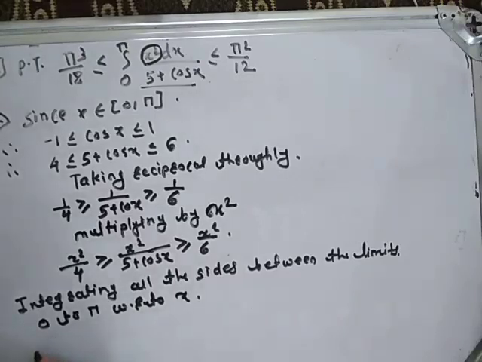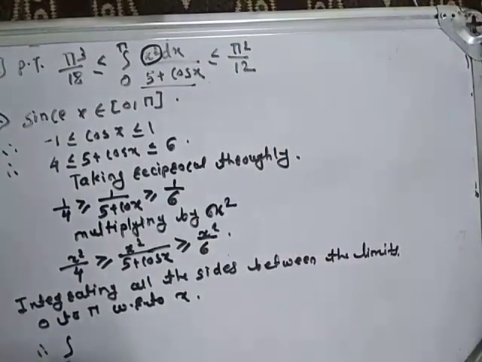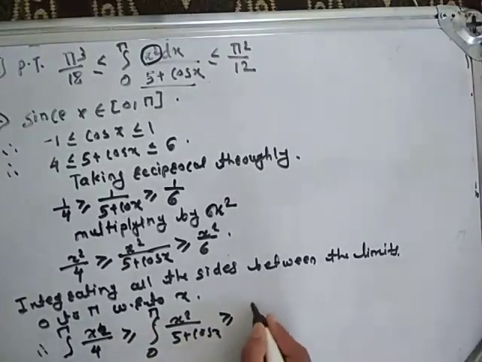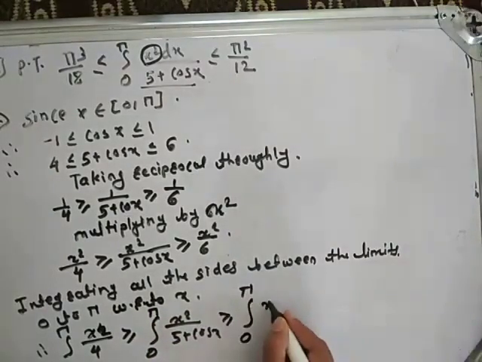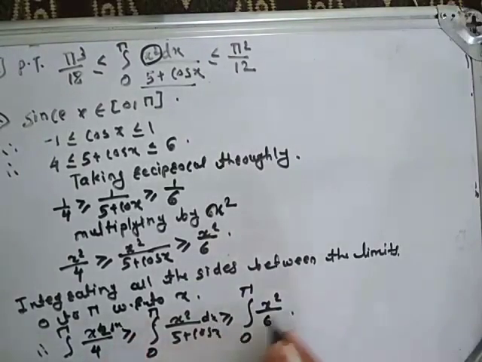Therefore, integration from 0 to pi x square upon 4 is greater than or equal to integration from 0 to pi x square upon 5 plus cos x, which is greater than or equal to integration from 0 to pi x square upon 6, with dx in each.